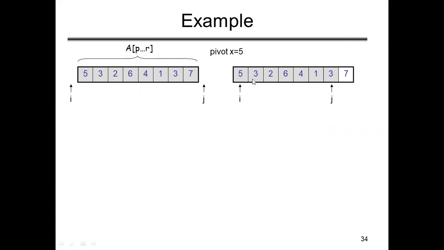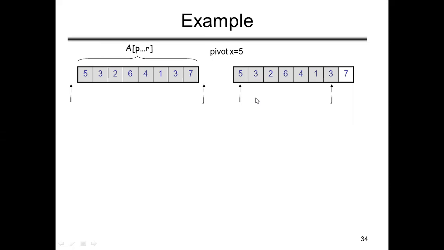What we are checking here is which element has a higher value than 5, checking from the left side where I is the pointer. Initially it is pointing to 5. Now we move I to the next element and check whether the value is greater than 5.